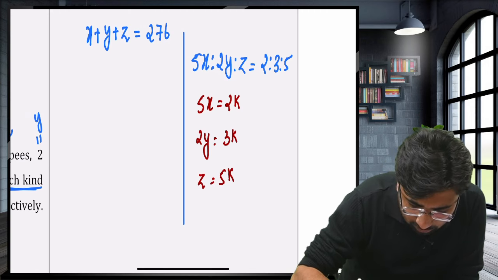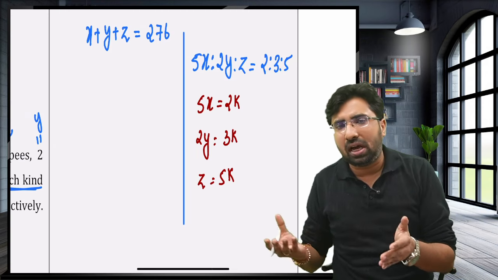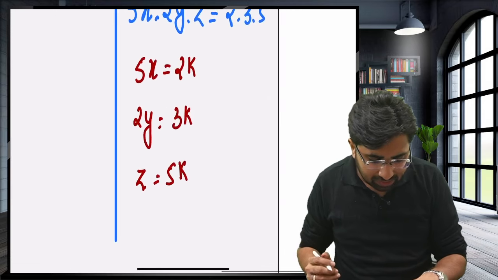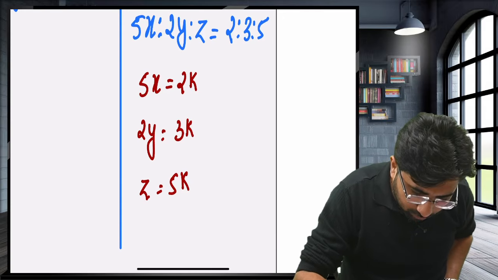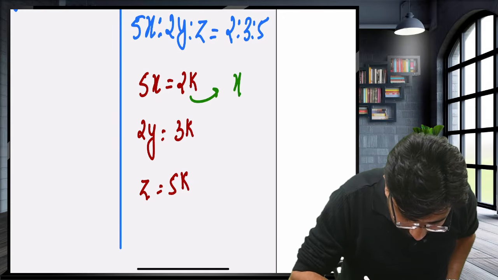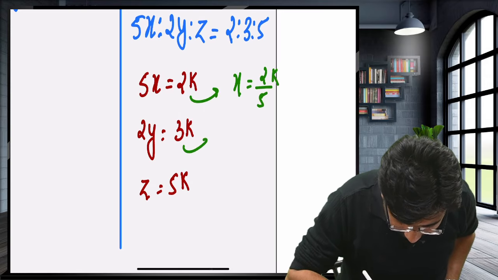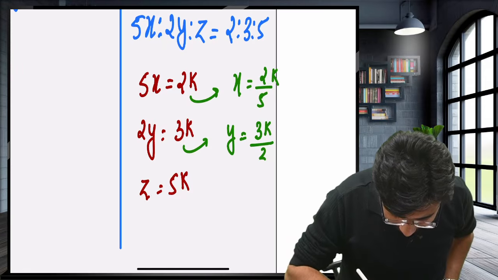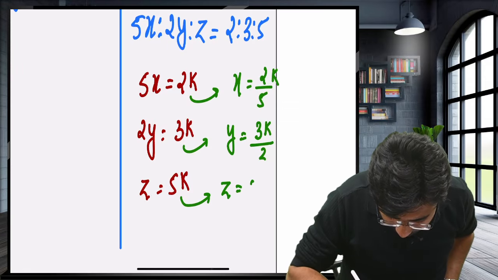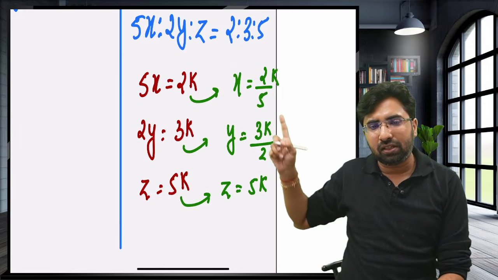Let's get the value of x, y, z, everything in the form of k. From here you will get x is equals to 2k upon 5. From here you will get y is equals to 3k upon 2. And z is already equals to 5k.